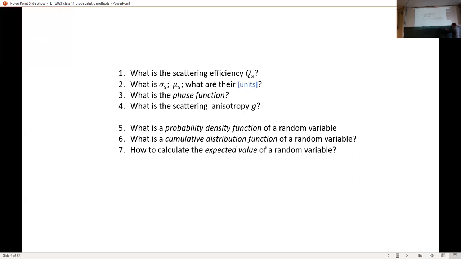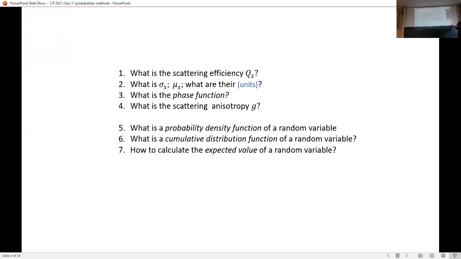That is sometimes difficult to define. So it is not a very straightforward definition, but this is how it is. And that will then be in units of area, so let's call that meters squared.